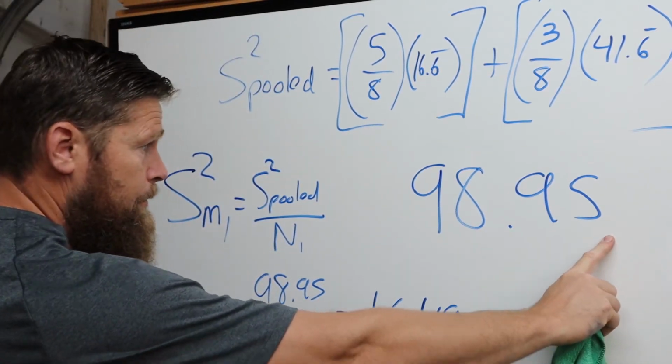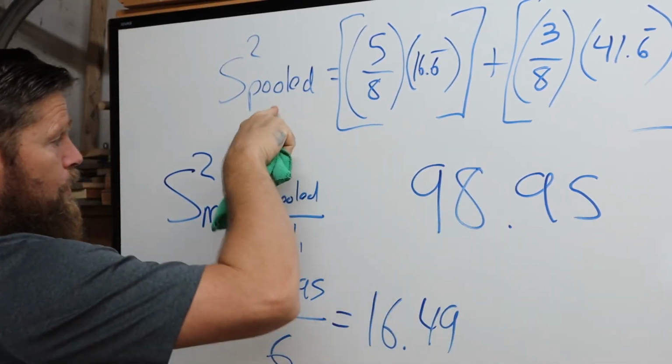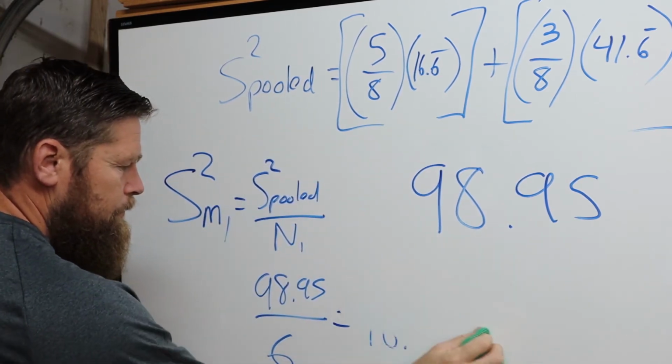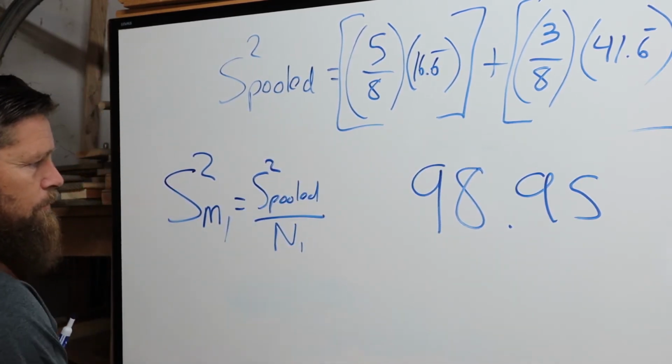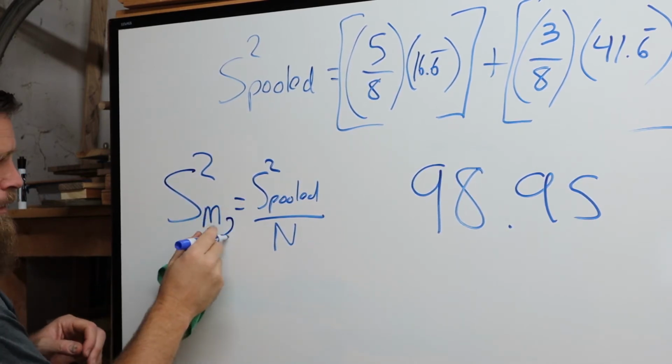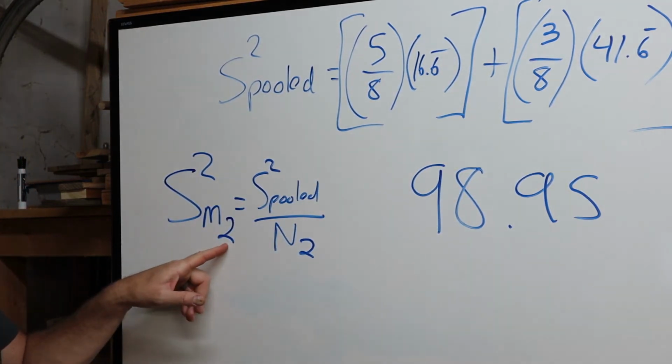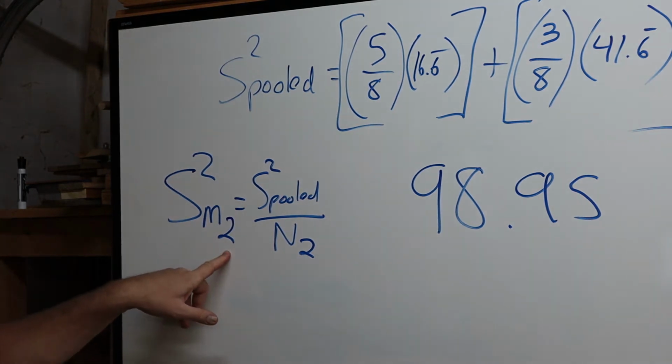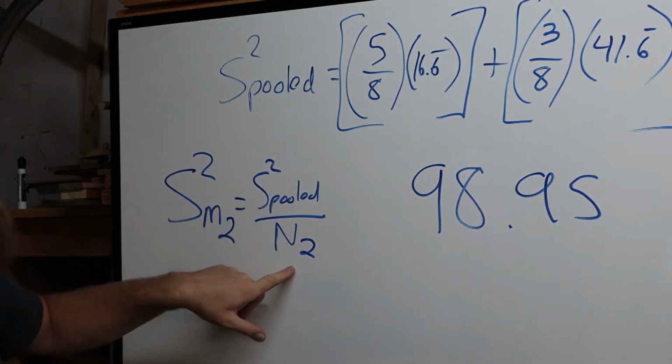Again, we'll use the same exact S2 pooled. And look, all that changes here is that S2 pooled is the same, but the n for group 2 is different.